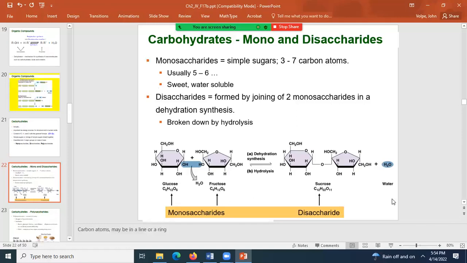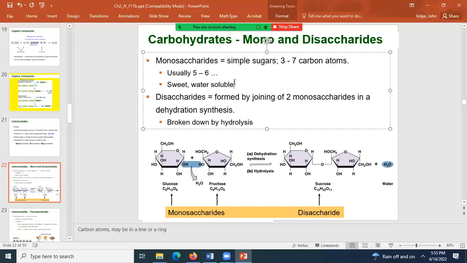Monosaccharides are simple sugars. They range in size from 3 carbon atoms to 7 carbon atoms, but most monosaccharides are either 5 or 6 carbon atoms. Ribose is a 5 carbon sugar, and glucose and fructose are 6 carbon sugars.